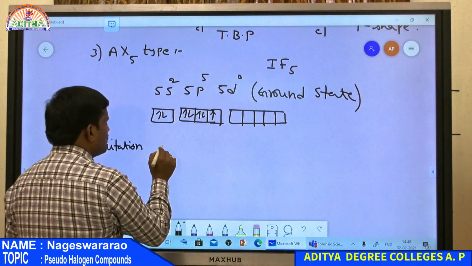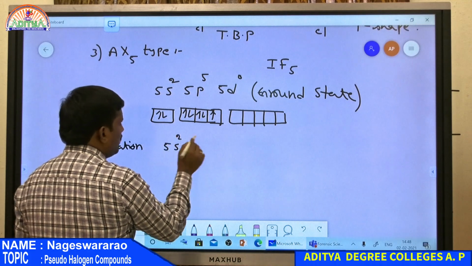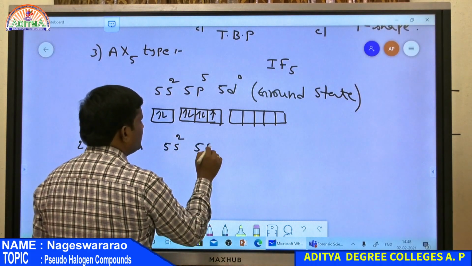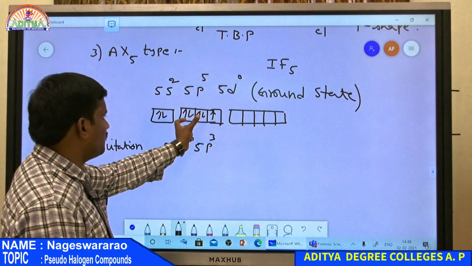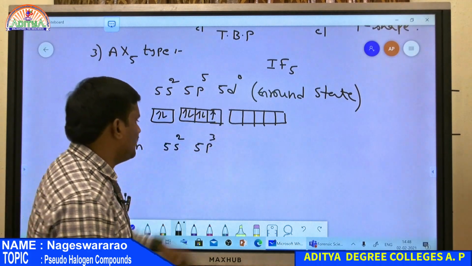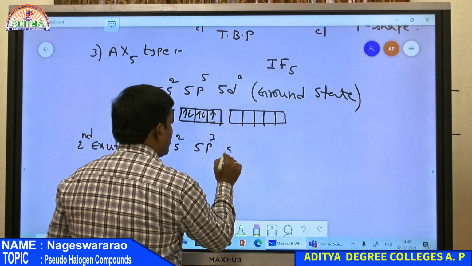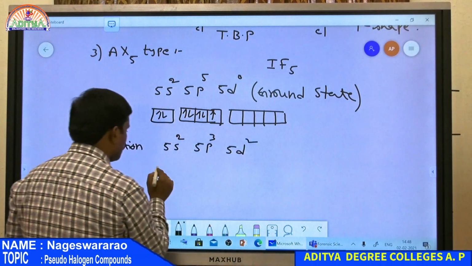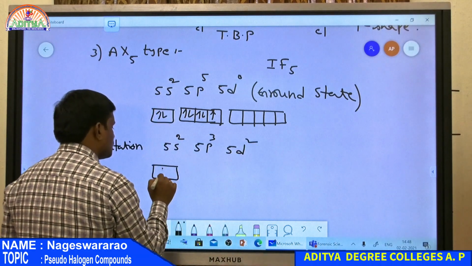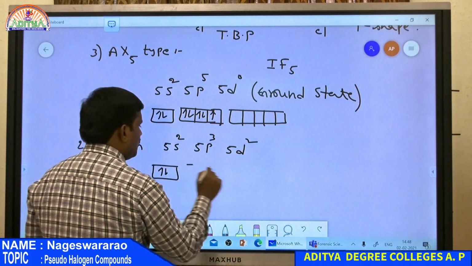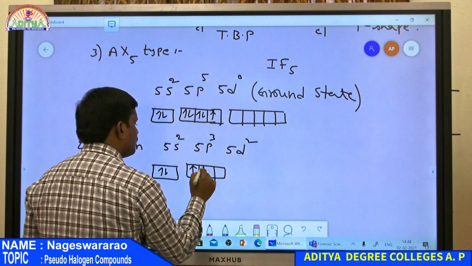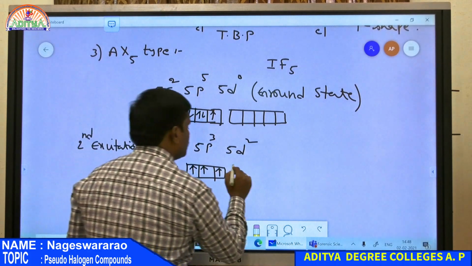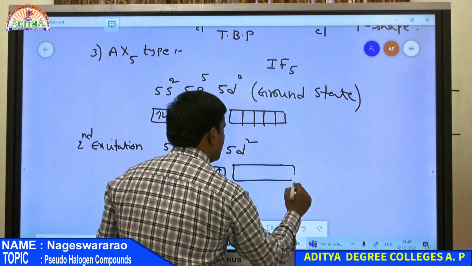Therefore it becomes 5s2, 5p3, because 2 electrons are excited from the 5p level to the 5d level, and therefore 5d2. So this is the configuration: 2 electrons in the s orbital, 3 electrons in the p orbitals and 2 electrons in the d orbitals.